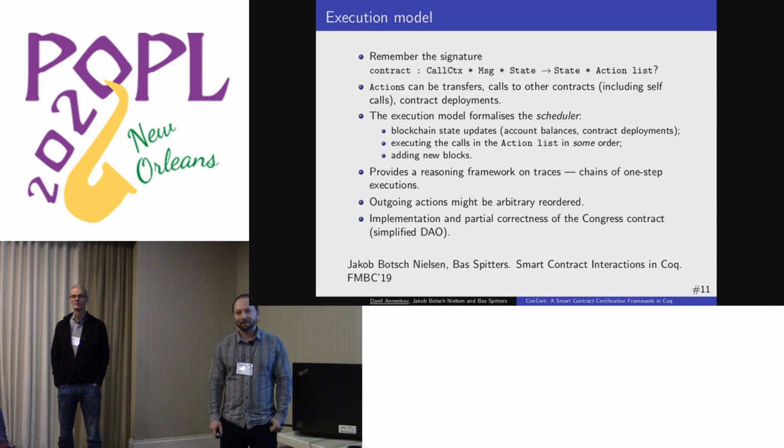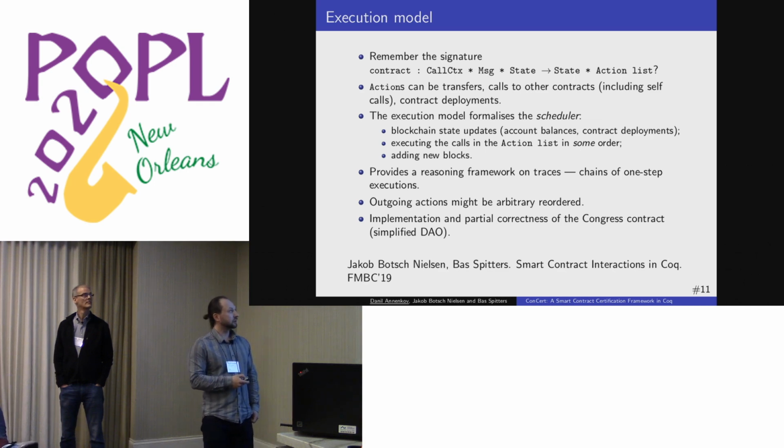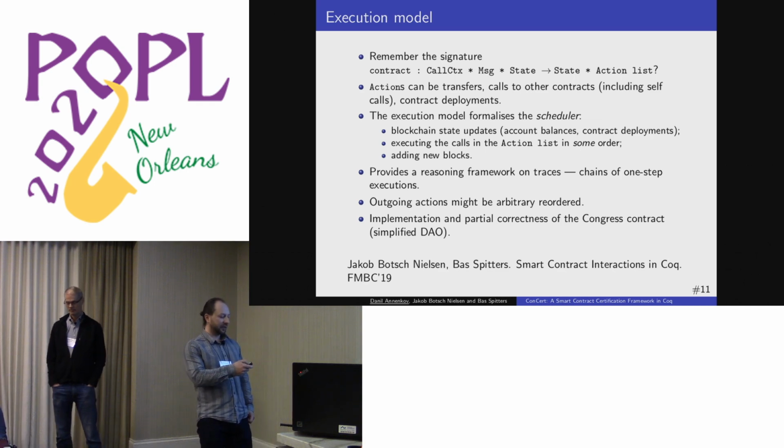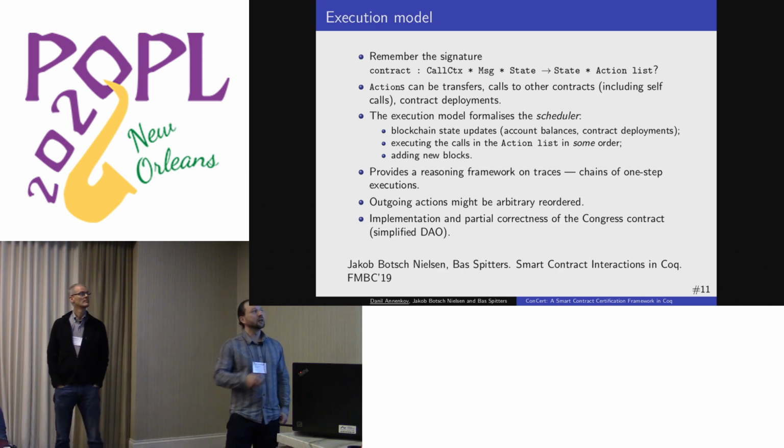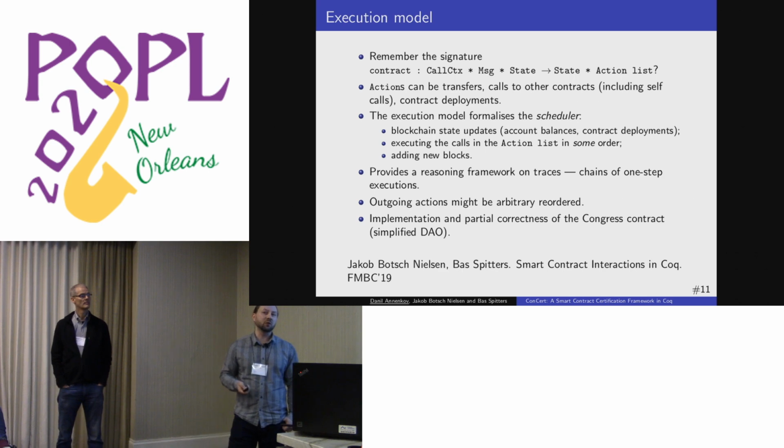Okay, completely different point. You're using an account model like Ethereum. Account model, yes. At Cardano, we use something different, the unspent transaction output model. Do you think what you're doing would adapt to that? Well, it's a good question. Here the scheduler is tailored particularly to handle this account model, I think.